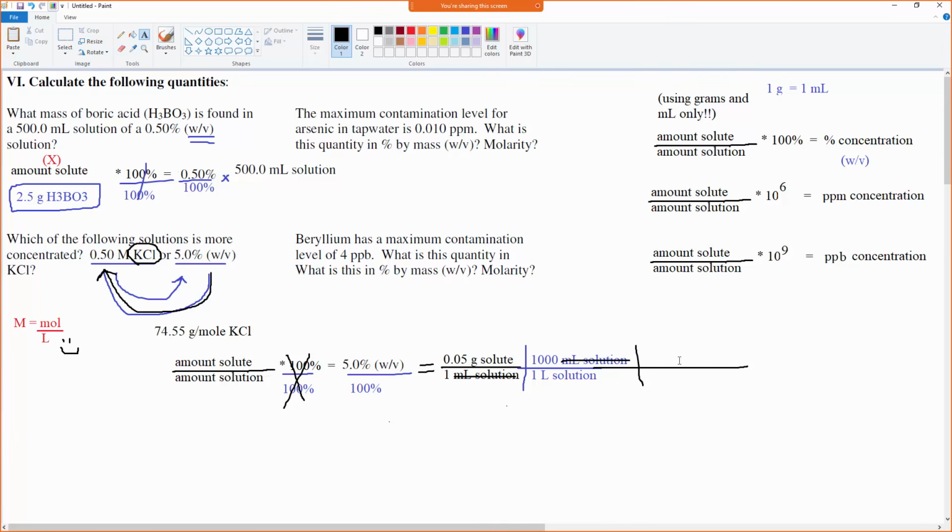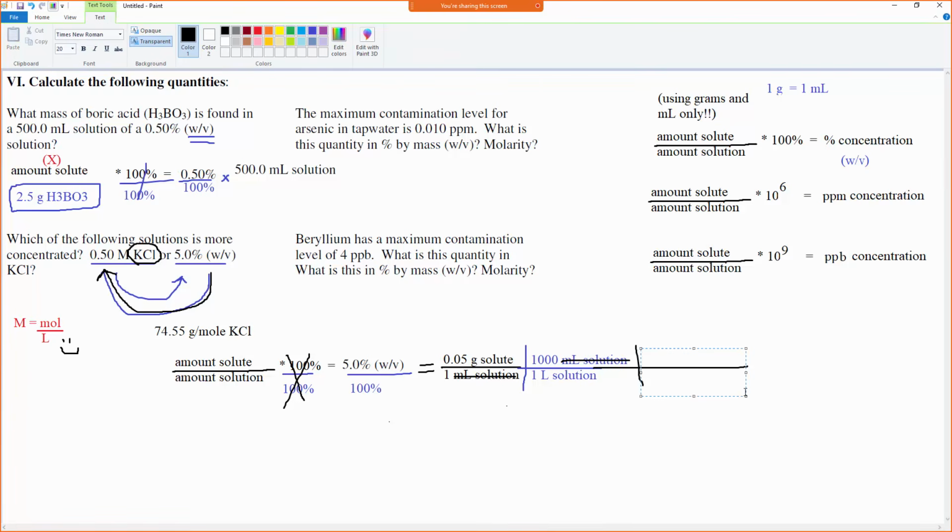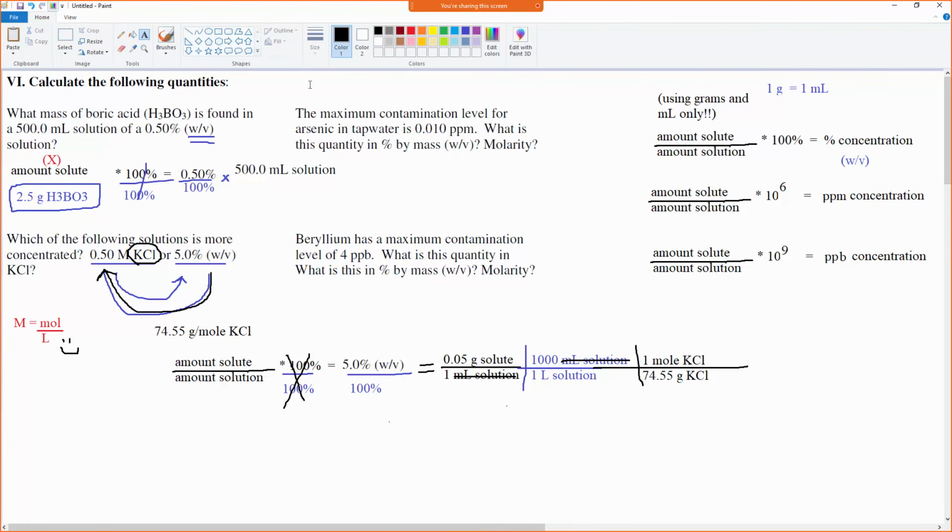So am I going to put that number on top or on bottom? On bottom, right? The 1 mole needs to go on top, and then the 74.55 grams KCl on the bottom. KCl being my solute. So my grams of solute, which was KCl, cancels. And now I'm left with moles divided by liters, and that's molarity.